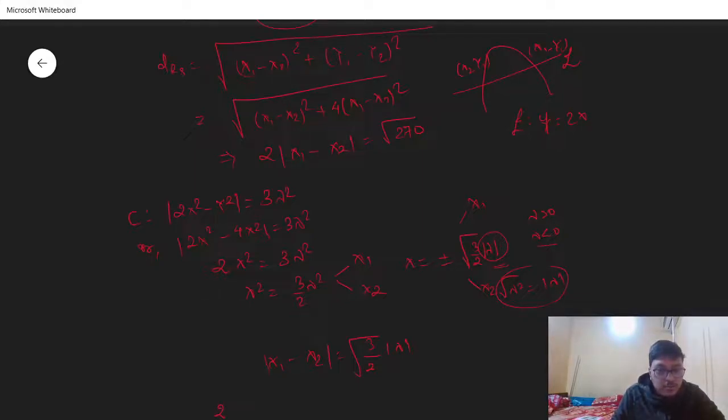So root 5 into 2 into root 3 by 2 mod lambda equals under root 270. Sorry, I've committed a mistake. It will be root 5.